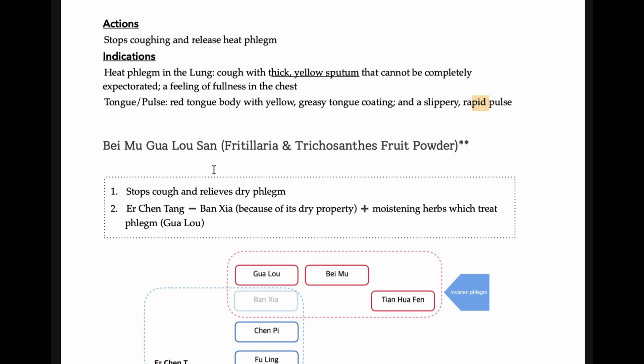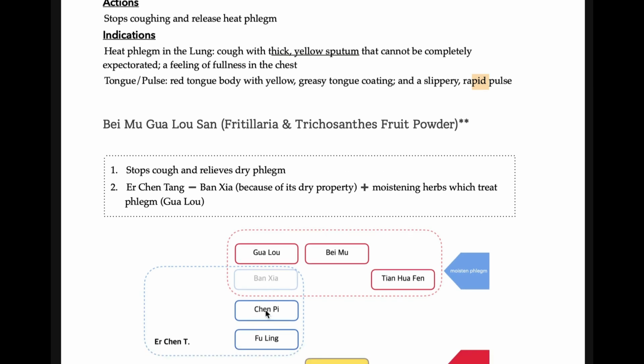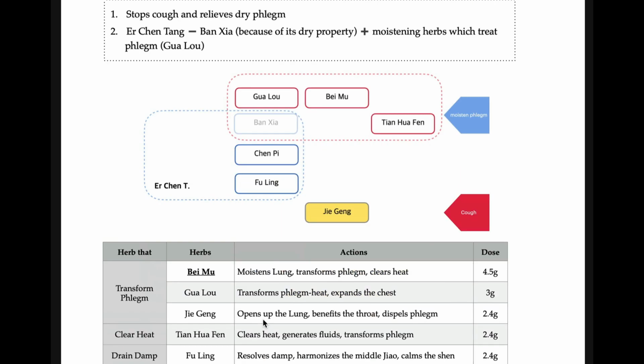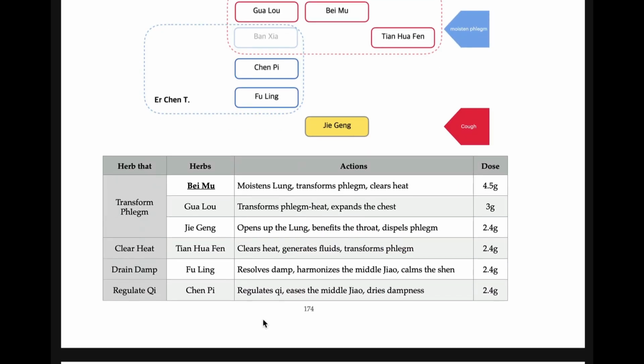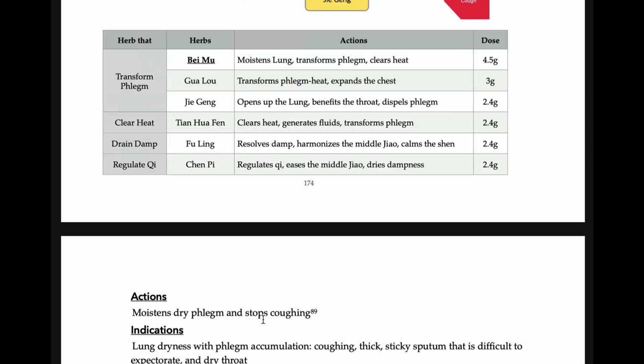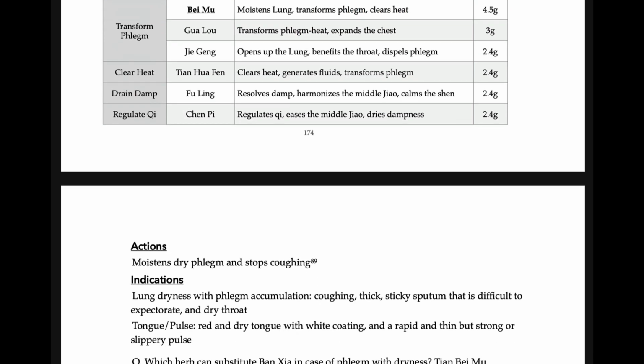For completely dry phlegm, you had better use Zhi Bai Di Huang Wan or Mai Wei Di Huang Wan for tonifying yin. But Beimu Gualou San is for phlegm that is sticky, not hard to expectorate. So it is for a subacute condition. Which herb can be substituted for Banxia in case of dry phlegm? That explains the composition of Beimu Gualou San, Beimu.